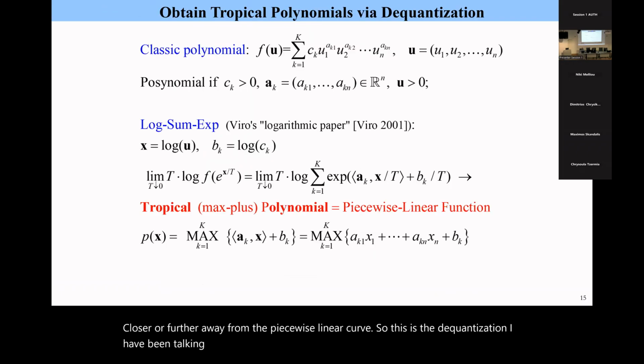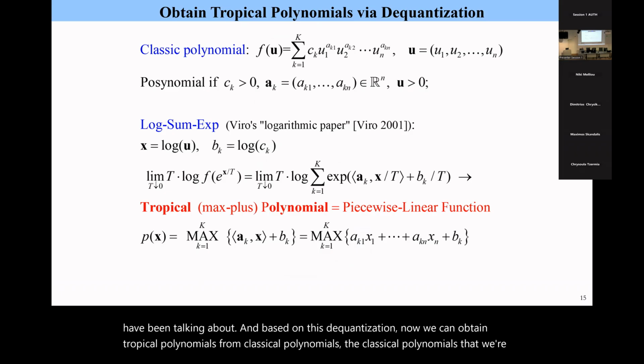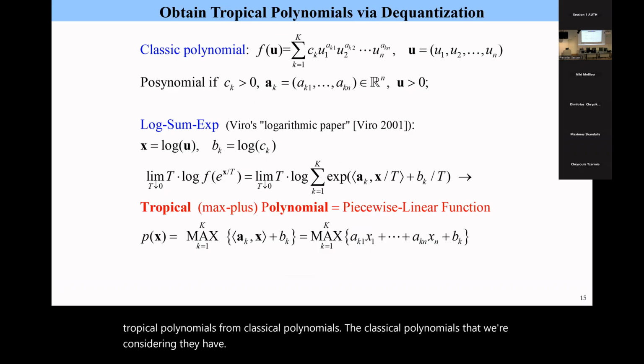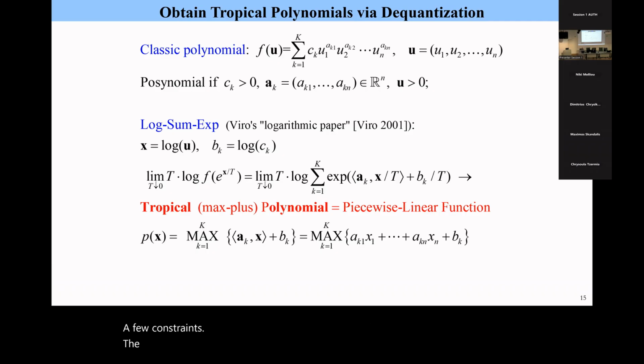And based on this dequantization now, we can obtain tropical polynomials from classical polynomials. The classical polynomials that we're considering have a few constraints. The multiplicative coefficients ck of all the terms have to be positive. So this type of polynomials are called posinomials.